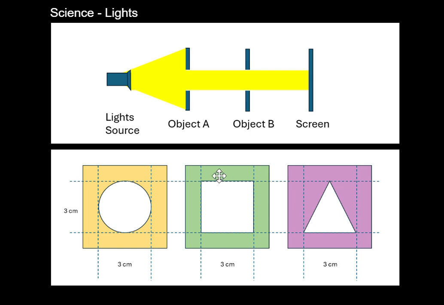So let's look at what happens if we put a circle as object A and a square as object B and so on, and I will show you how it shows on the screen. With that, it's helpful when you explain the science question to your child.